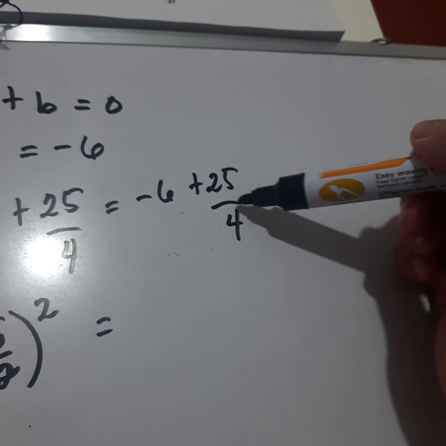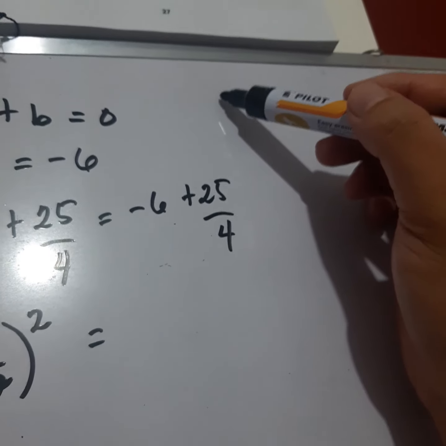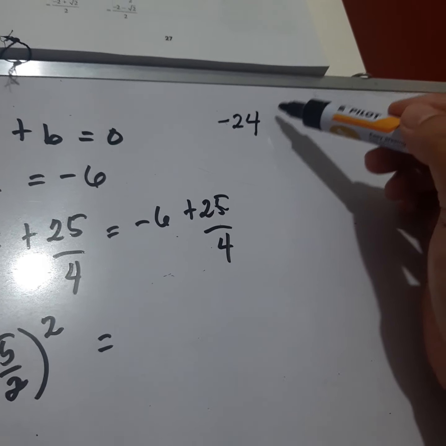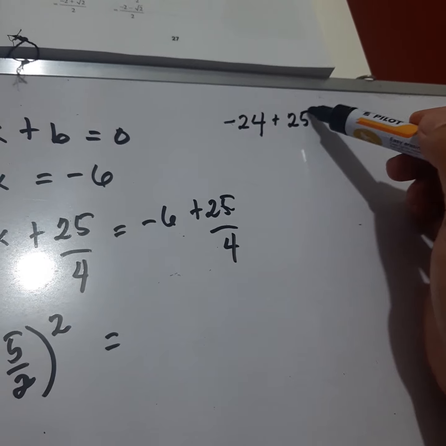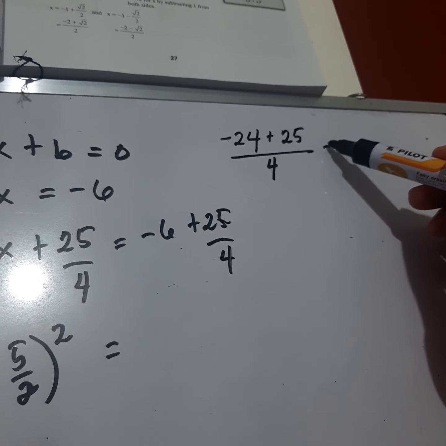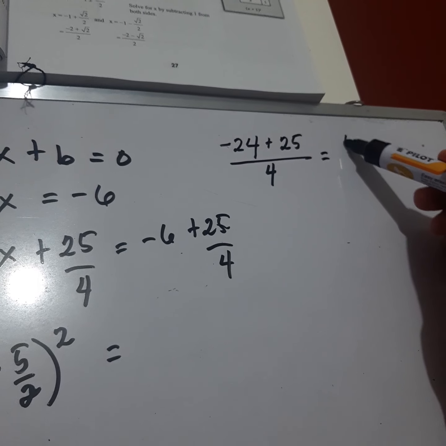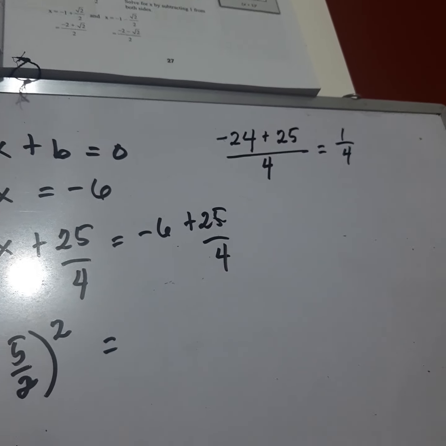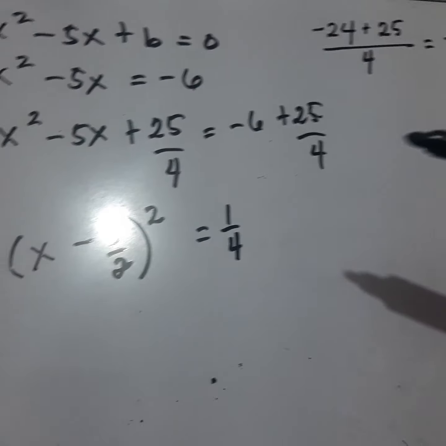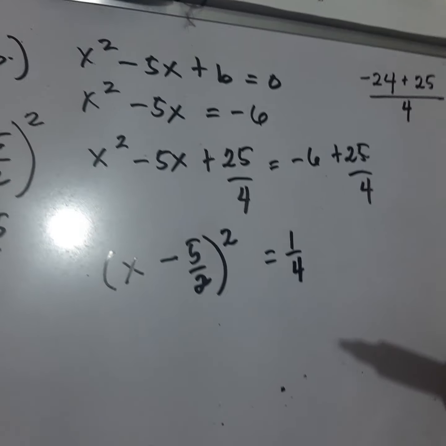Just multiply the denominator and the whole number. So, we have negative 24, copy the numerator, which is positive 25, all over the denominator, which is 4. And the negative 24 plus 25 is positive 1, and copy 4. So we have 1/4. Yan. So equals 1/4.